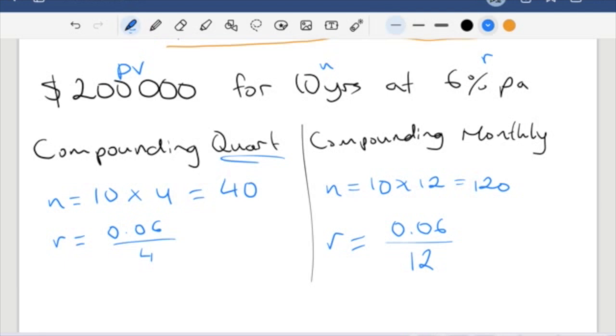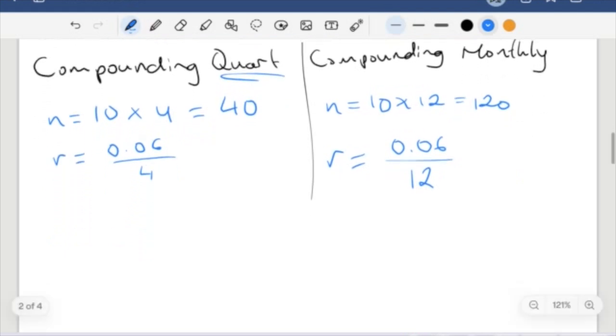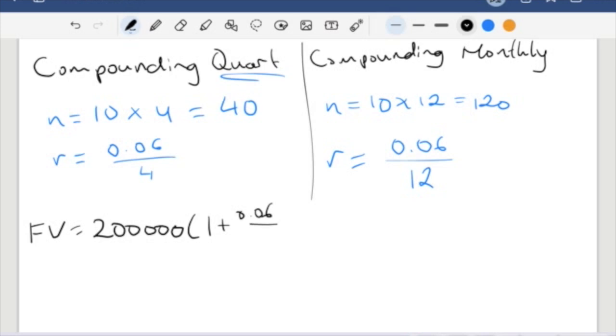Now, what actually happens is when we substitute this into our future value formula, let's take the left hand side, my future value, I'm just practicing substituting this in. I get 200,000 times 1 plus 0.06 divided by 4 to the power of 40. That gives me, to 2 decimal places, $362,803.68.